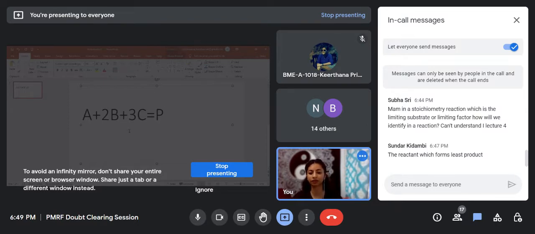And you have about 10 moles of A, and you have 30 moles of B, and you have 30 moles of C. So in this case, what do you think is limiting? For whatever initial substrate you have given, for it to be completely formed into a product, what do you think you will need to add more of?